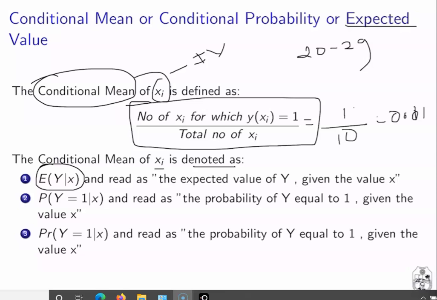Or sometimes it is also represented with this notation, which is read as: probability of y equal to 1 given the value of x. Or sometimes it is also written like this and read in the same way, the probability of y equal to 1 given the value of x, with the difference that here only p is written instead of Pr. So normally there are three different notations that can be used to denote the conditional mean.